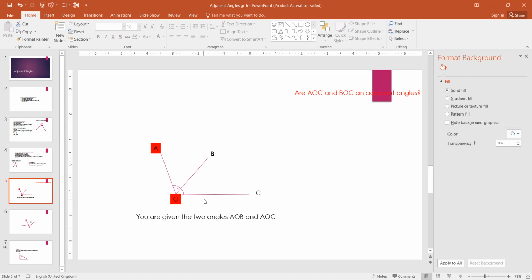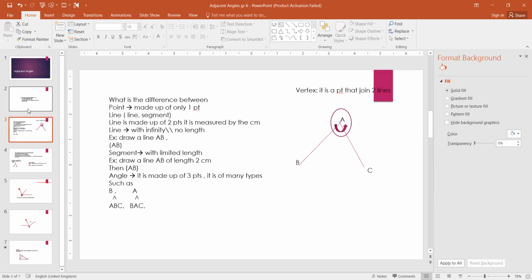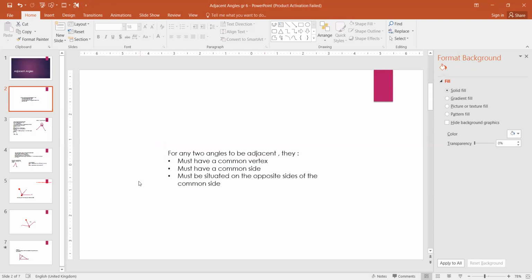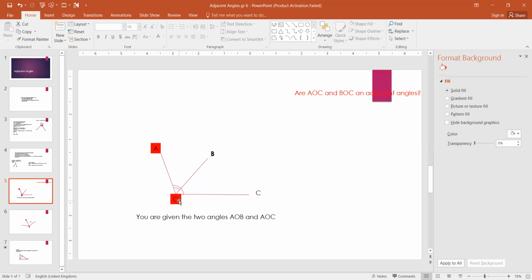The common side is a line that is written in both, so it is AO. Third, they must be situated on the opposite sides of the common side. This is the common side. To be noticed, those are not adjacent angles because this is not opposite of this.